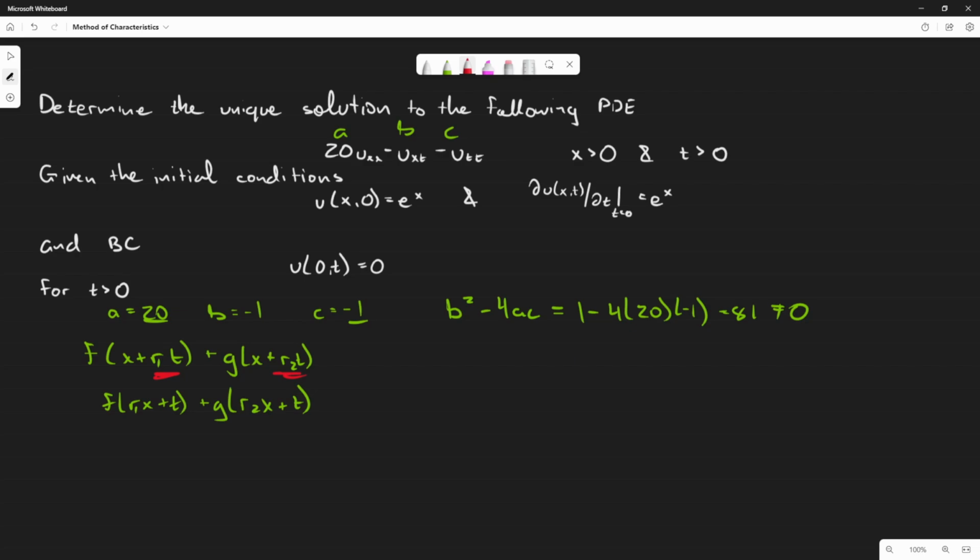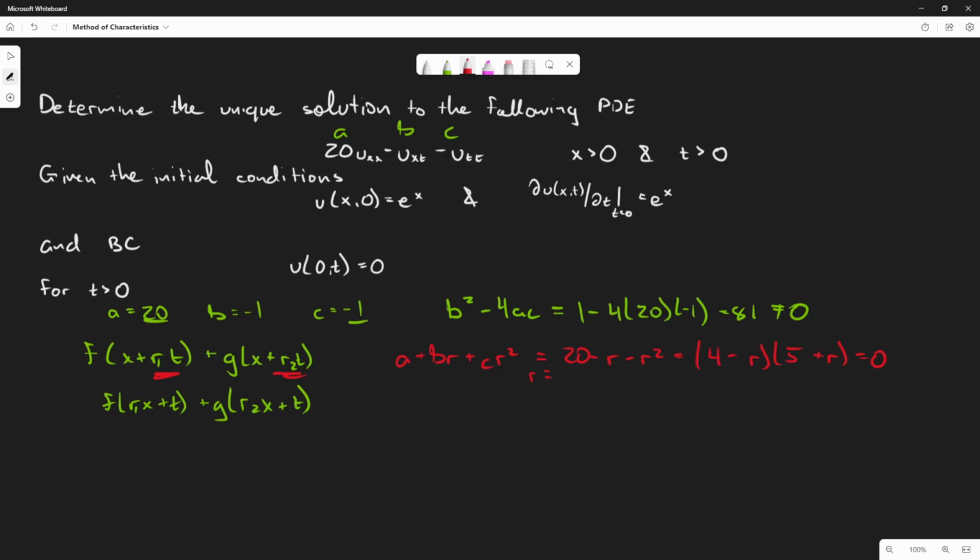To find our roots, we just solve the quadratic equation, which is now in the form a plus br plus cr squared, which will be 20 minus r minus r squared, and that can be factored to (4 minus r) times (5 plus r) equals 0.